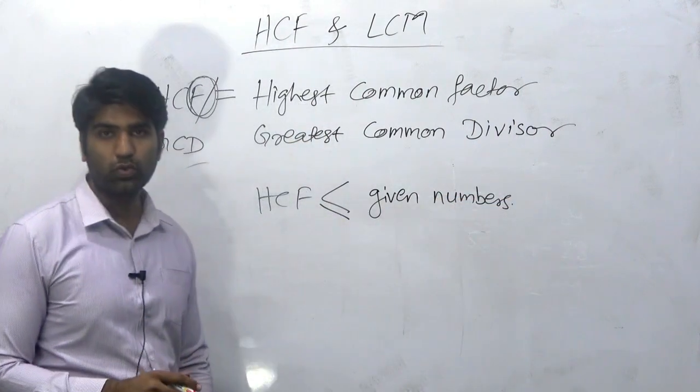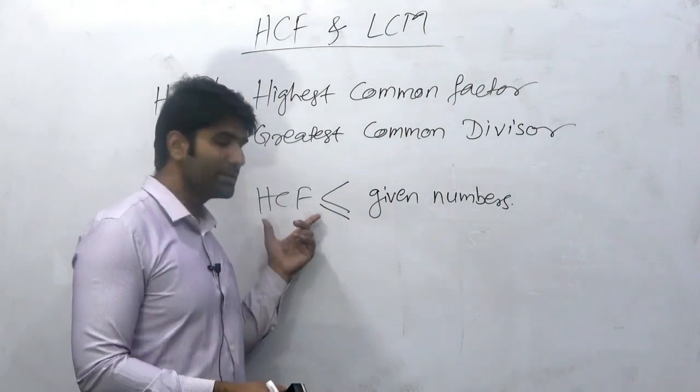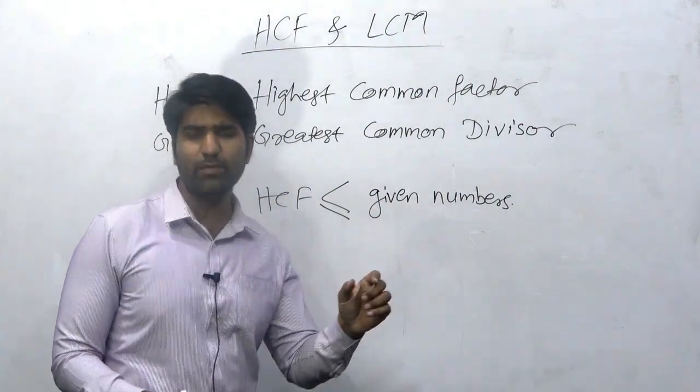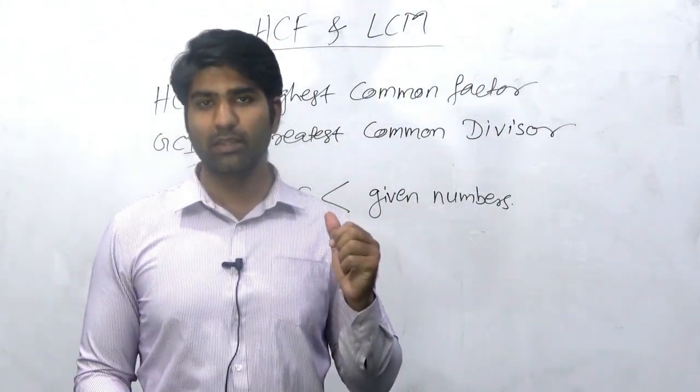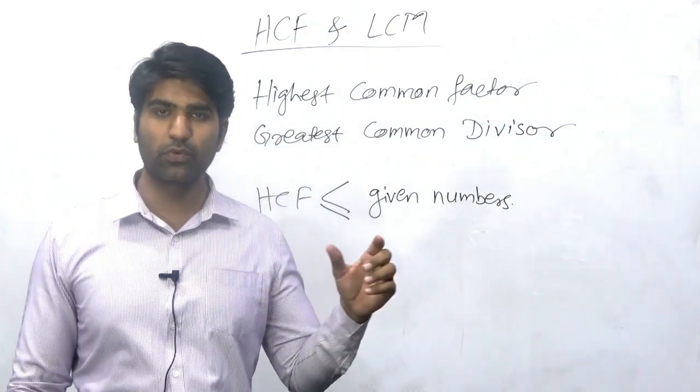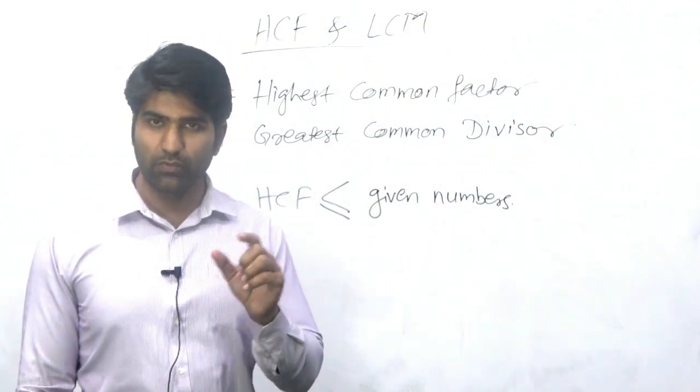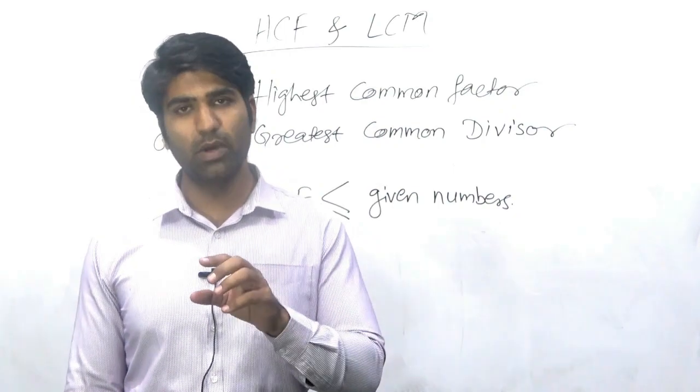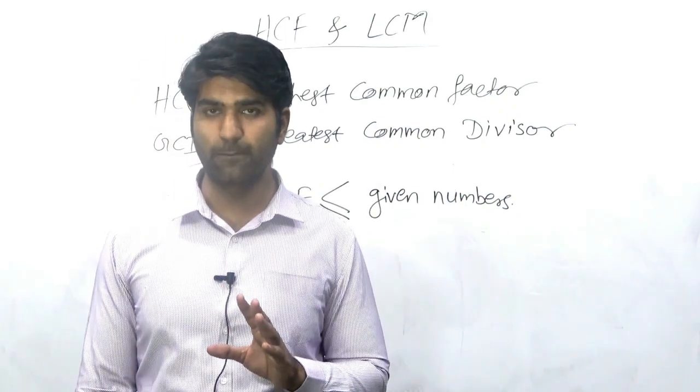Less than or equal to means sometimes it is less than all given numbers, sometimes it is equal to, like the last example 10, 20, 30, 40, 50. So the HCF was 10 and the least number of them was also 10.